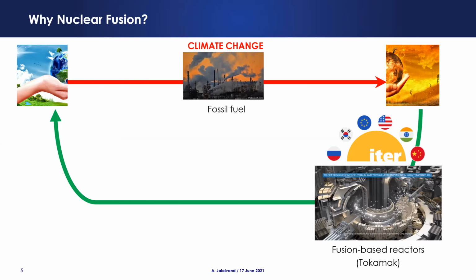And how does it work? So we have a reactor. It has a donut-shaped space in which we have this magnetic confinement in this donut shape, which holds all these particles like deuterium and tritium together.